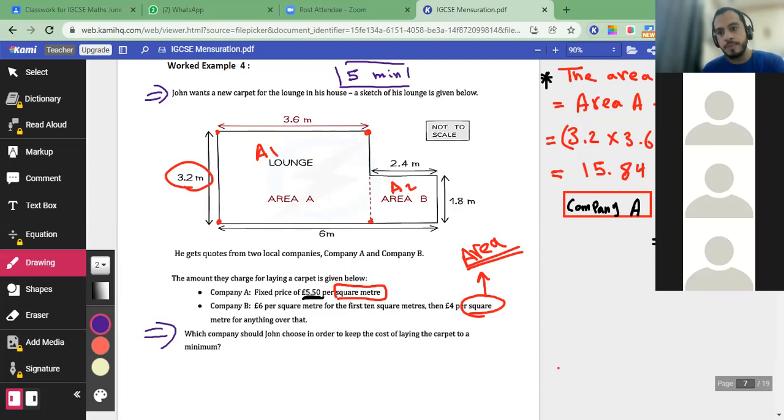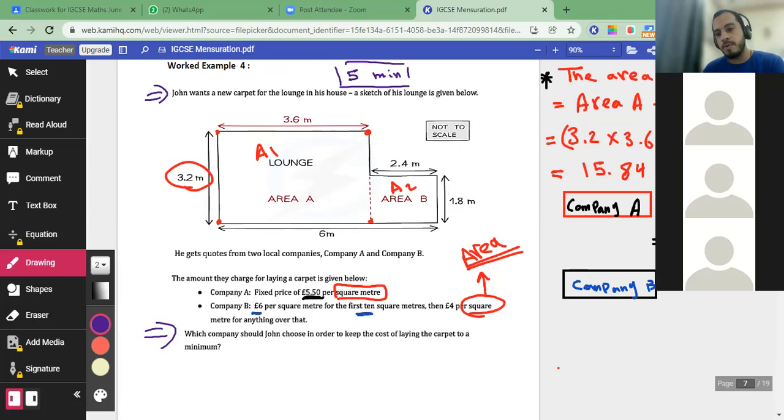Okay. Now company B. You too, Noor, company B. Multiply 6 euros by 10. Because it said 6 euros for the first 10.